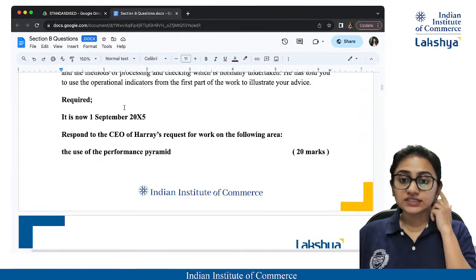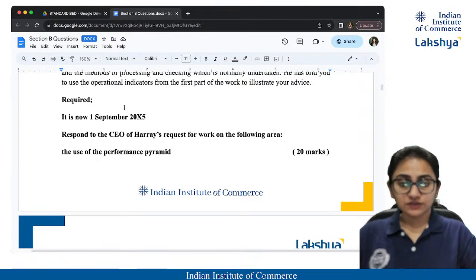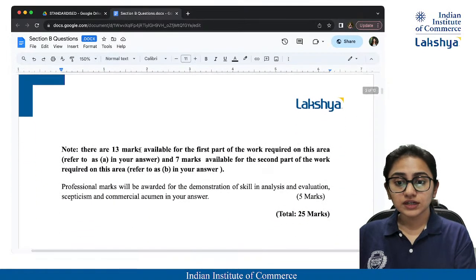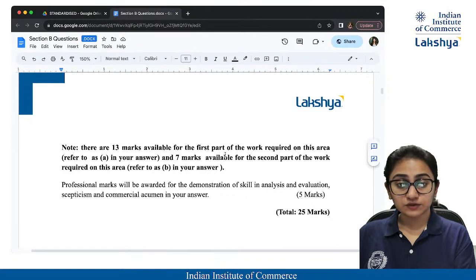So required, it is now 1 September 20x5. Respond to the CEO of Harry's request for work on the following area: the use of performance pyramid. Yesterday we studied a performance pyramid. Note, there are 13 marks available for the first part of the work required on this area.